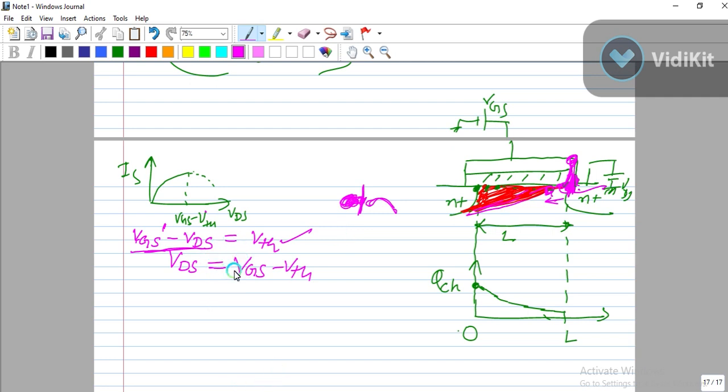So now what? We have to derive the current because the way of derivation as we did previously is not applicable here. So okay, let's do it. ID equals K, where K is mu n Cox W by L, times (VGS minus VTH minus Vx) dVx.